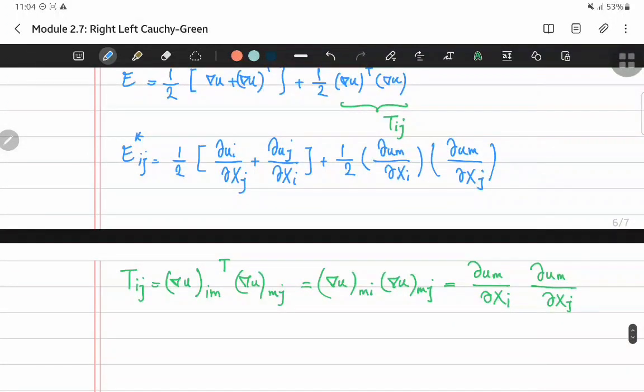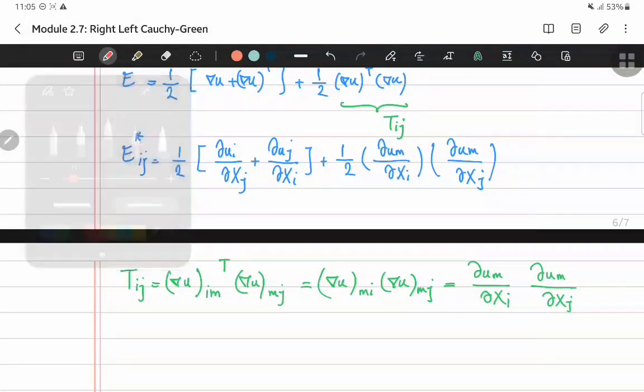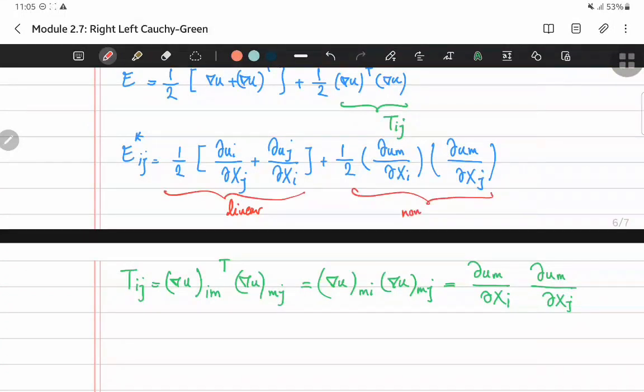This is the linear part, and this is the non-linear part. We already had this in the infinitesimal strain tensor, but incorporating the nonlinear part actually gives us a better estimation of this strain tensor, the Lagrangian strain tensor.